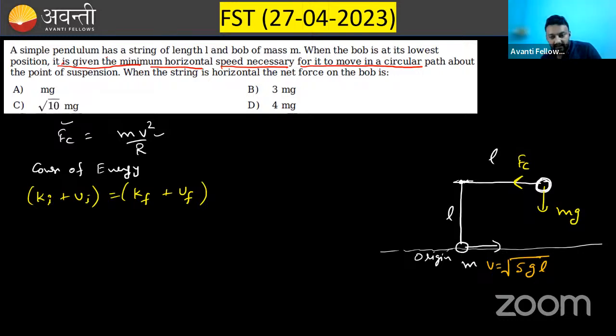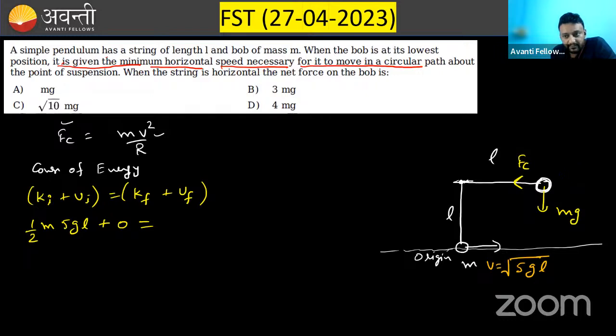So initially the ball is at the ground level and moving with velocity root 5gL. That means K initial is equal to half m times velocity square, which is 5gL, plus potential energy. It is at the ground level, so potential energy is 0. This is equal to K final.